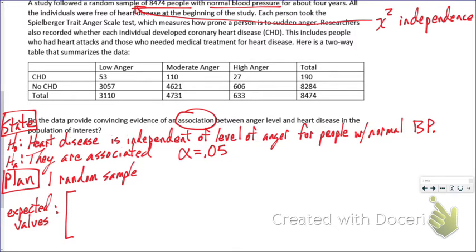Let's see, we have a 2 by 3, so I need maybe that much room. They're probably all greater than 5, so I'm going to go ahead and write that so I have room for it. And let's move on. Let's go to the do step. We are doing a chi-squared independence test.